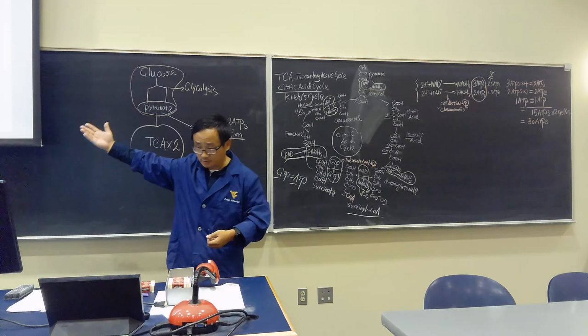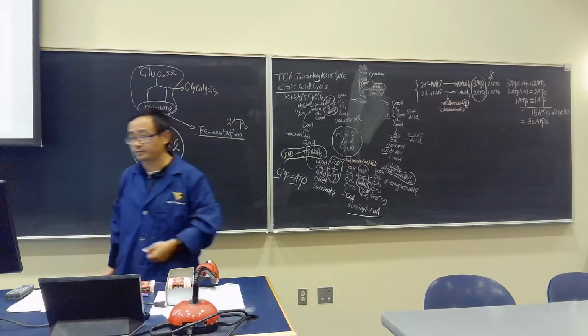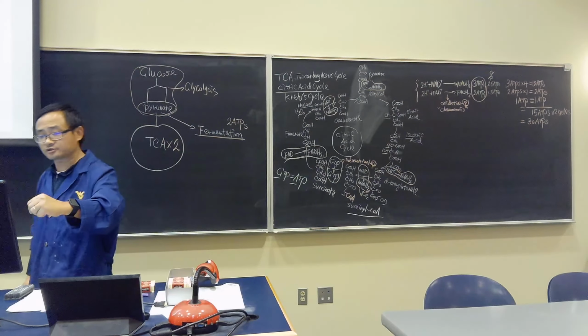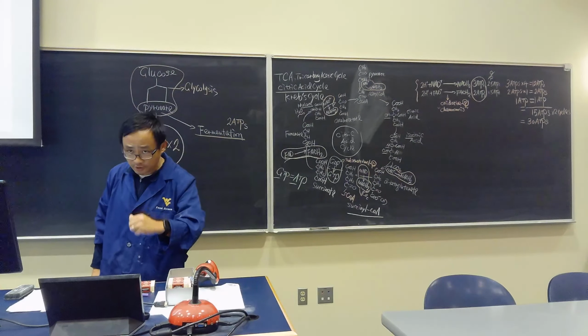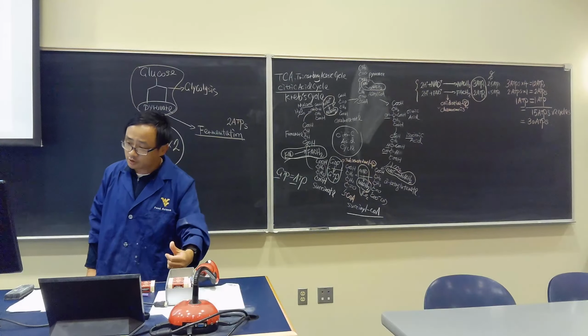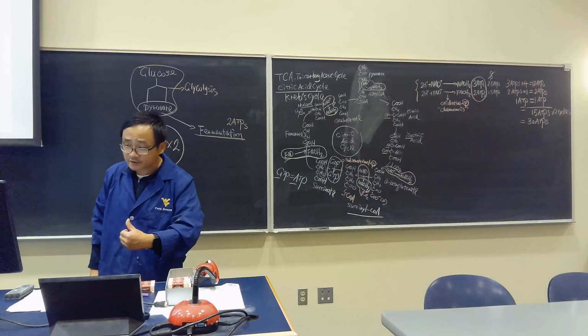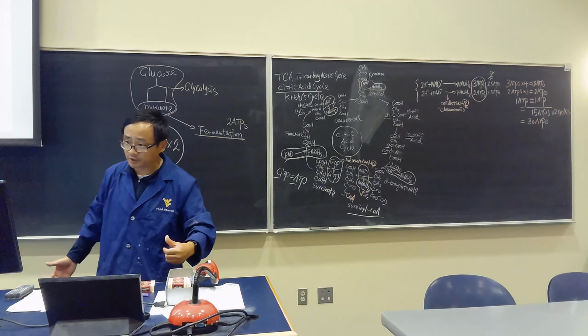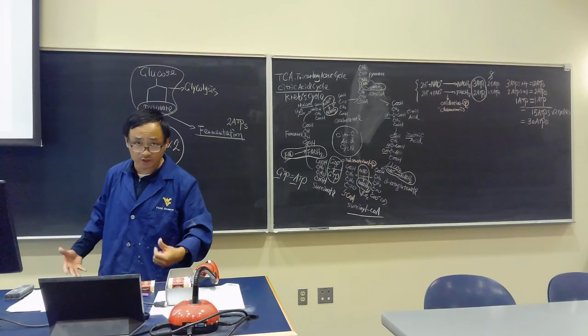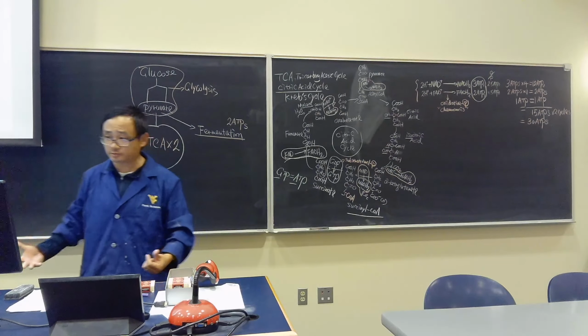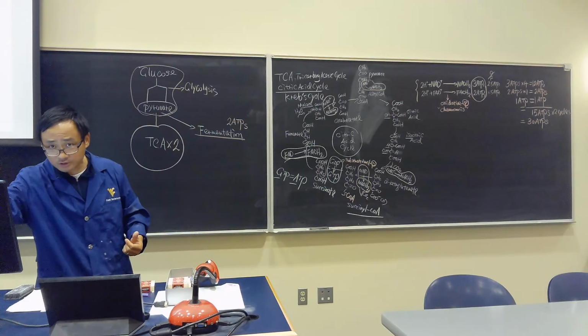That's how they generate ATP. The proton motive force accumulates potential energy. When they accumulate too much, you put them back and activate ATP synthesis, generating ATP, and coupled with flagella rotation. That's chemiosmosis.